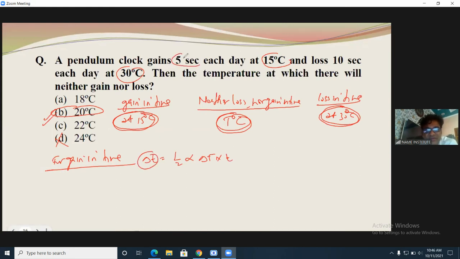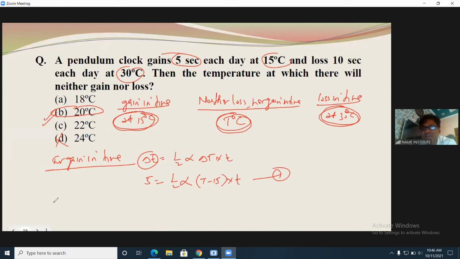It is clearly given, 5 seconds. So this is equal to 5 seconds is 1 upon 2 alpha, where alpha is the unknown value. Change in temperature is T minus 15, capital T minus 15. Time period is taken as small t. This is taken as relation number 1, the relation for the gain in time.